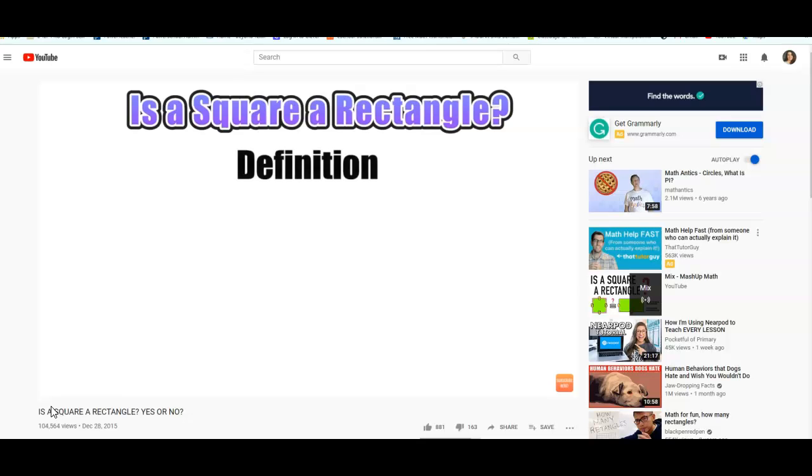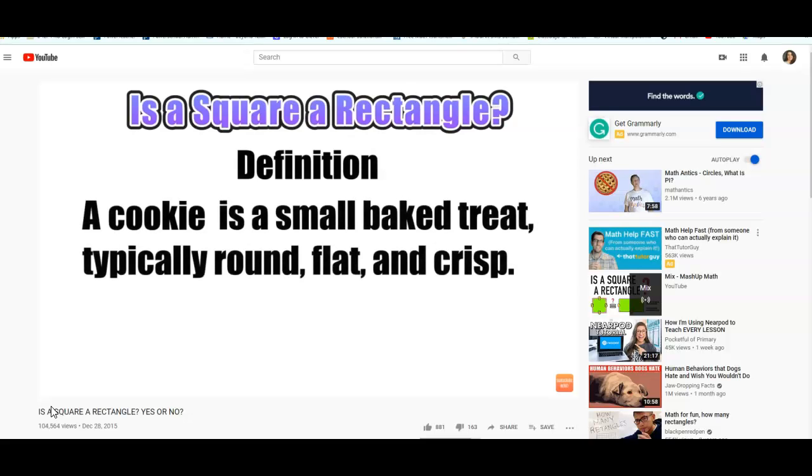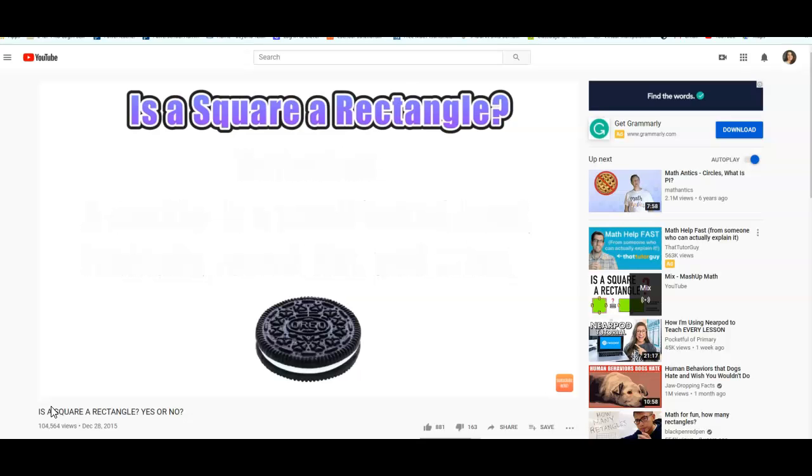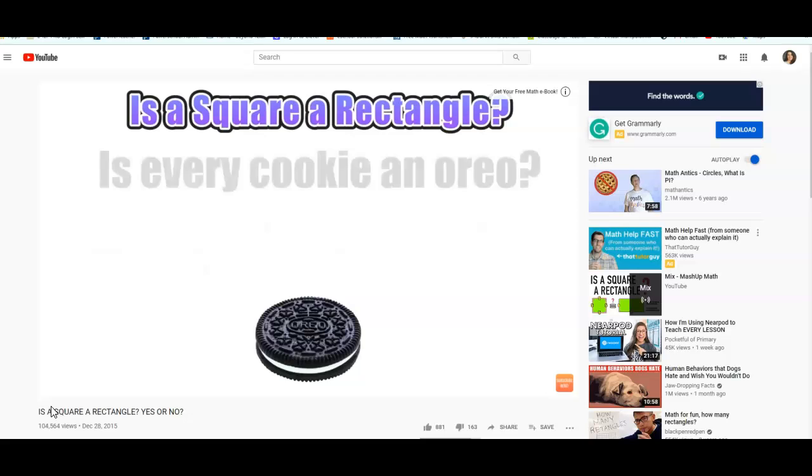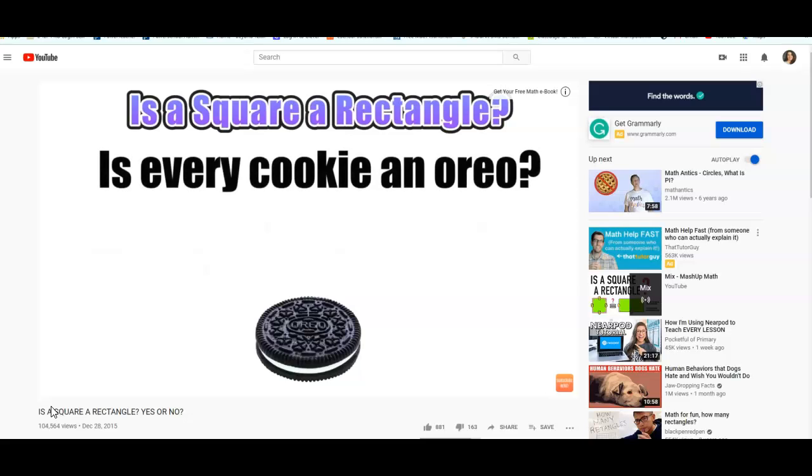We'll start out with the definition of a cookie, which is defined as a small baked treat, typically round, flat, and crisp. And this definition certainly applies to the Oreo cookie, which happens to be one of my favorites. Oh yeah! So now I want you to think about the question, is every cookie an Oreo?